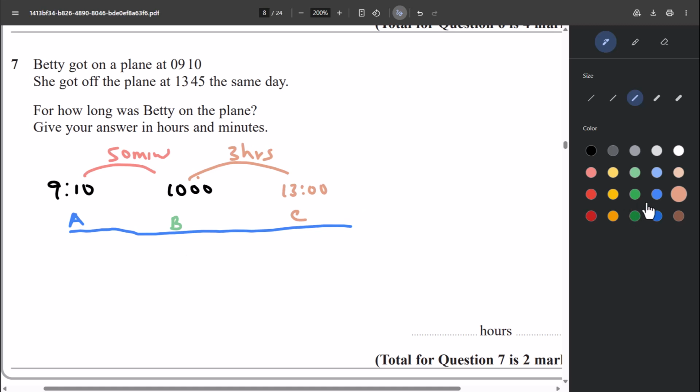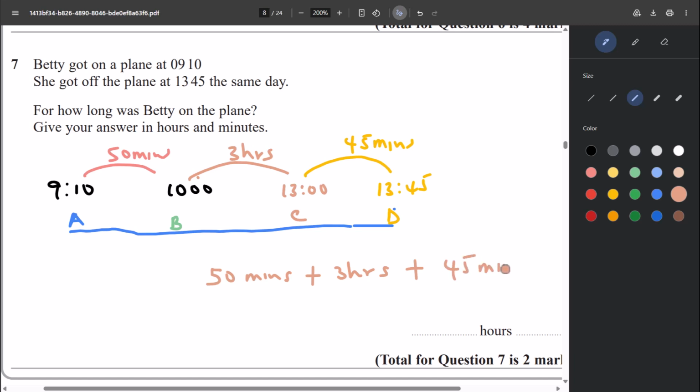And of course, you look at point D, and from 13 to 13:45, that's about 45 minutes. So now I've got the minutes and hours, and I'm going to combine them all to get my result. I will be adding up 50 minutes plus 3 hours plus 45 minutes.